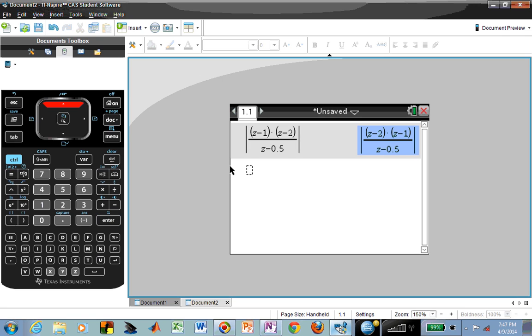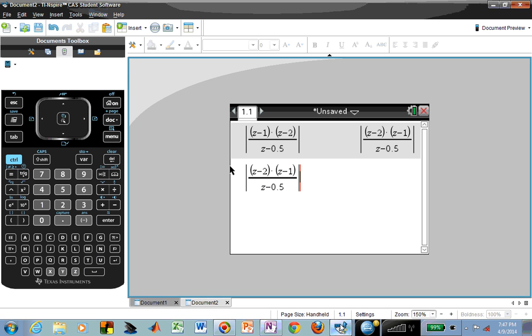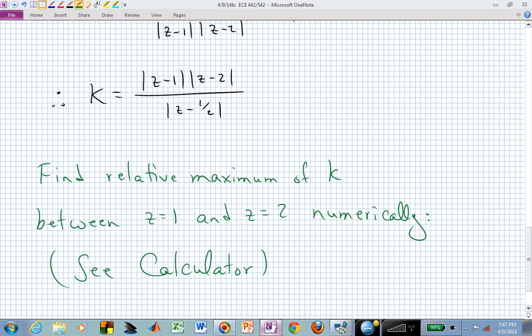So I can copy that down and evaluate that expression. There's my vertical bar when z is equal to, for no better choice, let's look halfway between, so let's say z equal to 1.5 and find the gain k, and we get a value of gain k of 0.25.